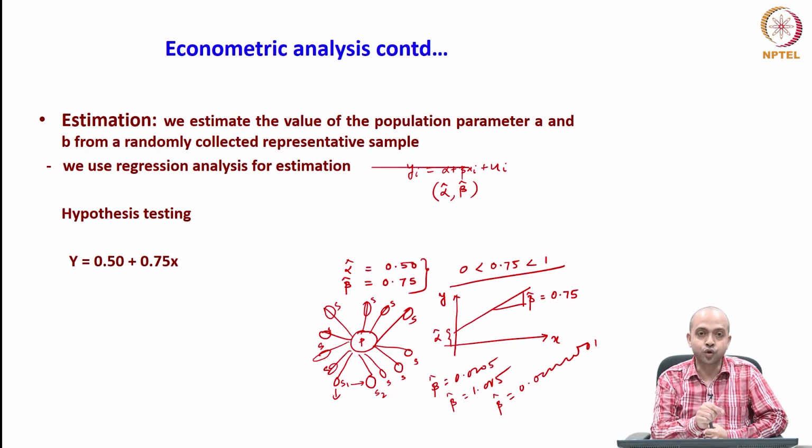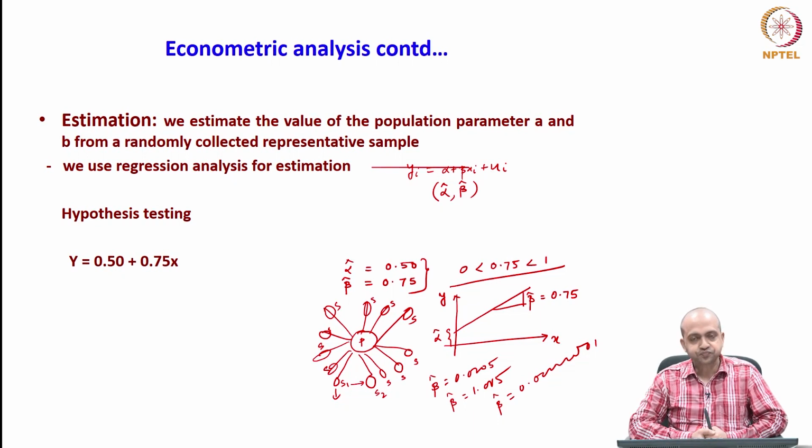So far what we see here is only mathematical significance. That means the magnitude of beta hat is different from 0. 0.75 is mathematically different from 0, but we need to ensure it is statistically different from 0.